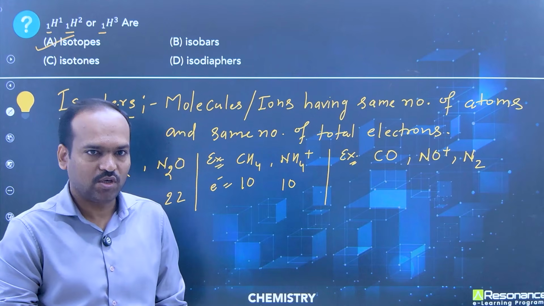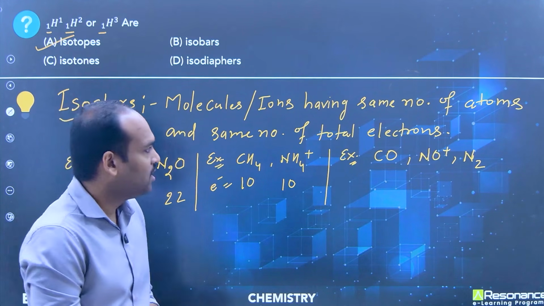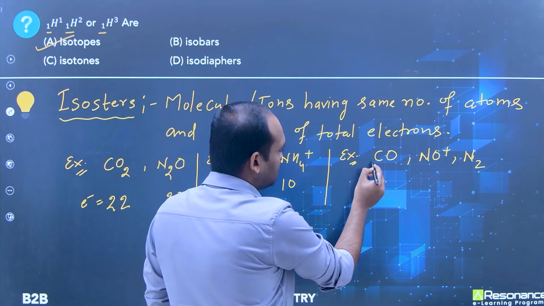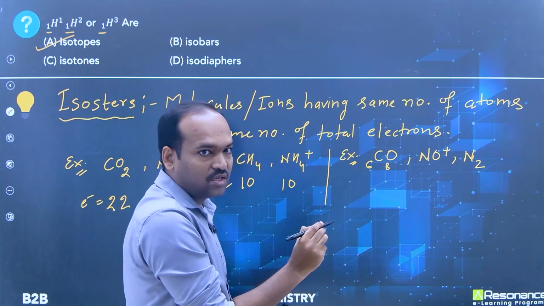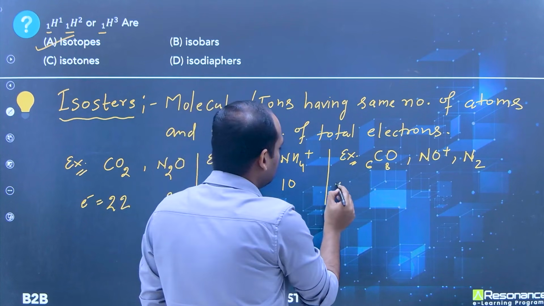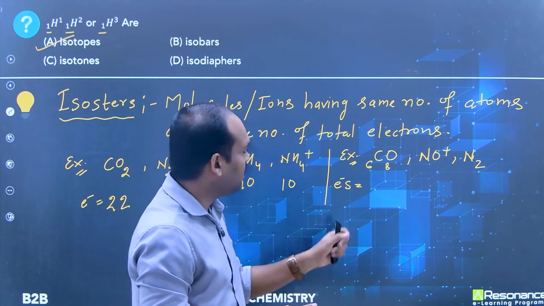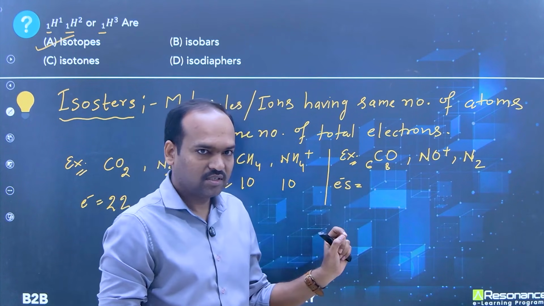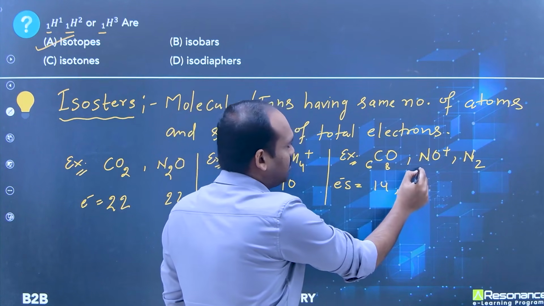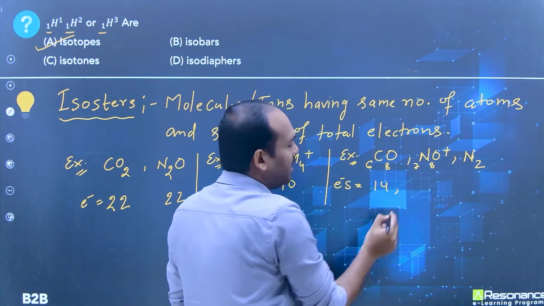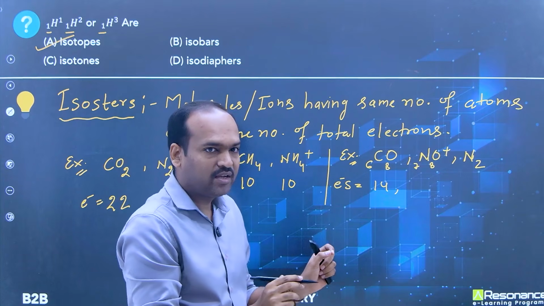Carbon atomic number is 6 and oxygen atomic number is 8. So counting the electrons in carbon and oxygen, total electrons 6 plus 8, 14. Nitrogen atomic number 7, oxygen atomic number 8, so 7 plus 8, 15.